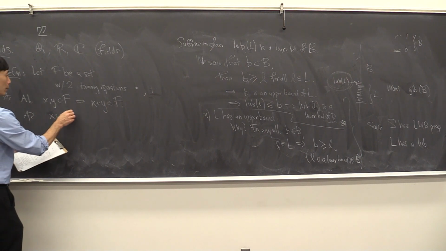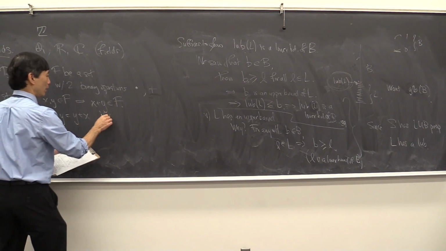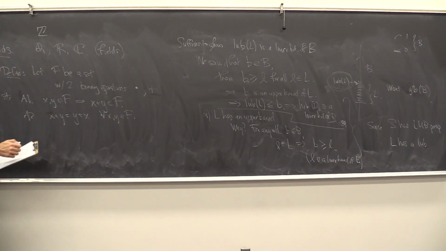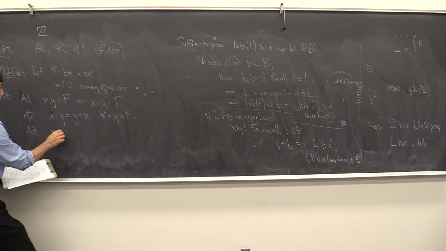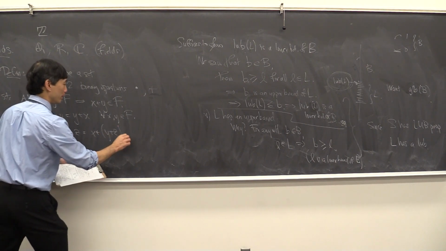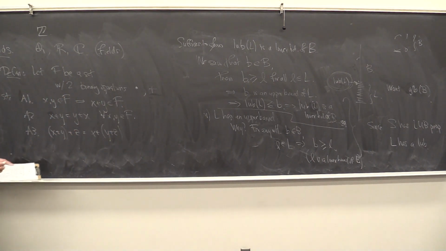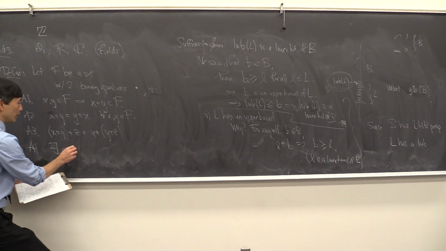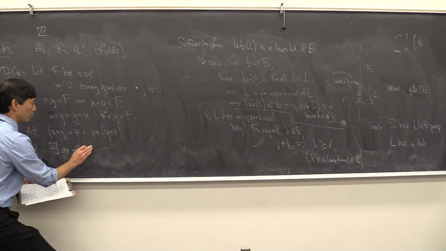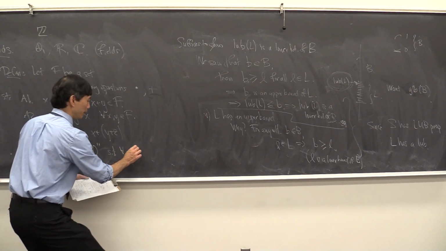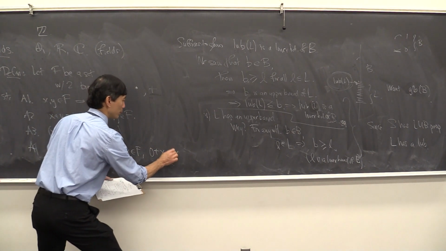x plus y equals y plus x for all x and y. So the addition is commutative. (x plus y) plus z equals x plus (y plus z) for all x, y, and z in F. So you've got associativity. And then there exists an element called 0, such that for all x in F, 0 plus x equals x.